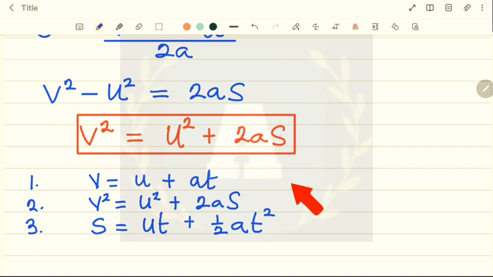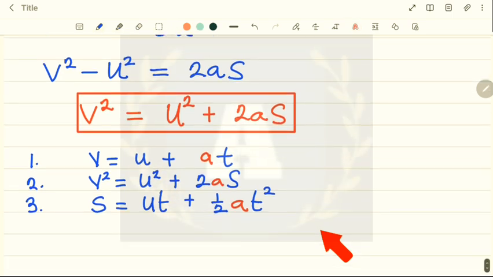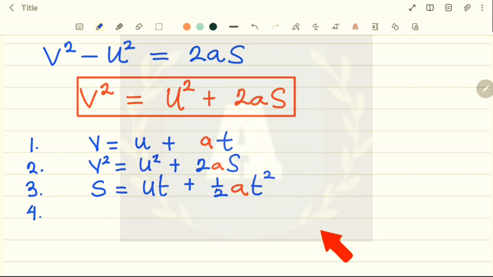All these are equations of uniformly accelerated motion because they all have acceleration. The last one, the fourth, S equals (V plus U) over 2 times T, is an equation of uniform motion, but not accelerated because it has no acceleration in it, but we can use it to solve questions.